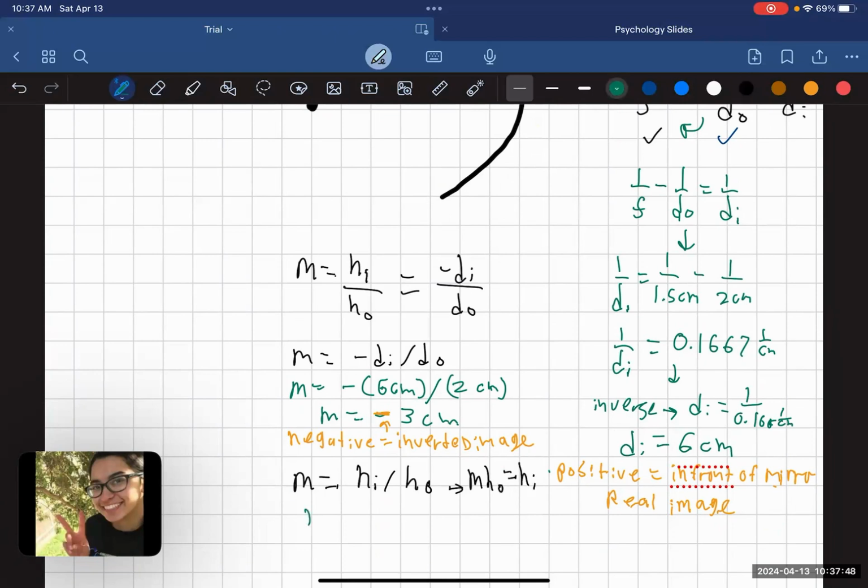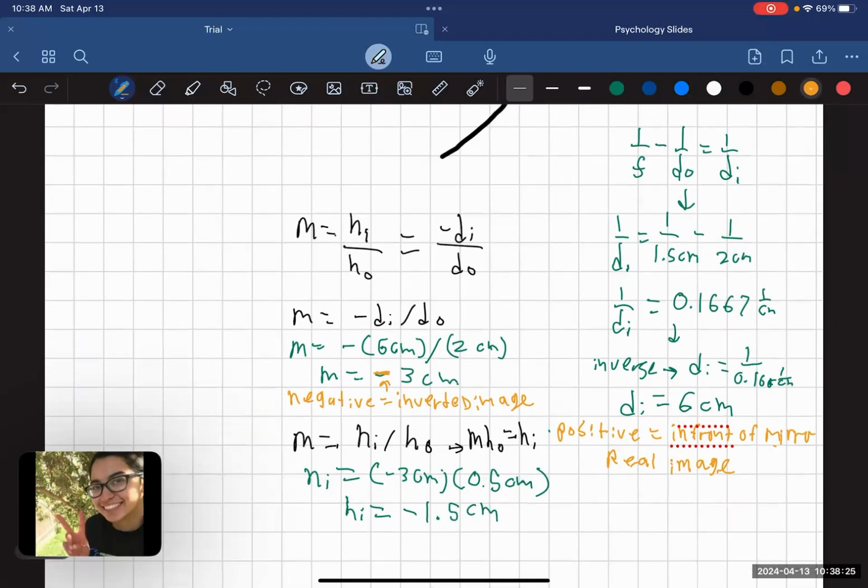Let me go ahead and plug that in. HI is equal to, we got -3 centimeters. And then that was 0.5 centimeters. Which gets us our HI of 3 times 0.5. It's 3 divided by 2. It's -1.5 centimeters.